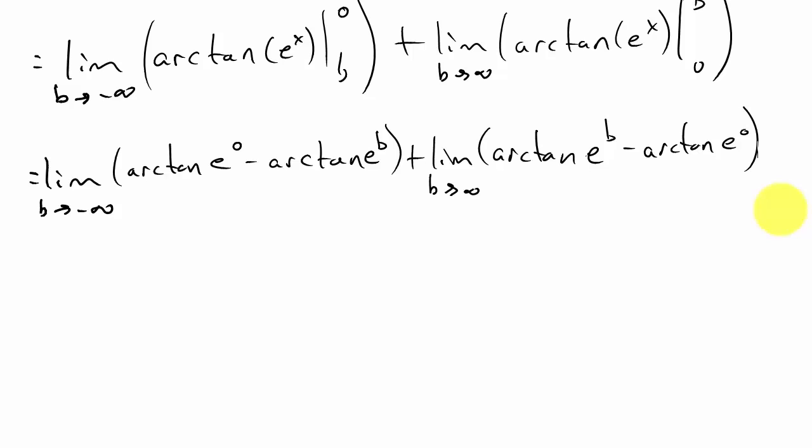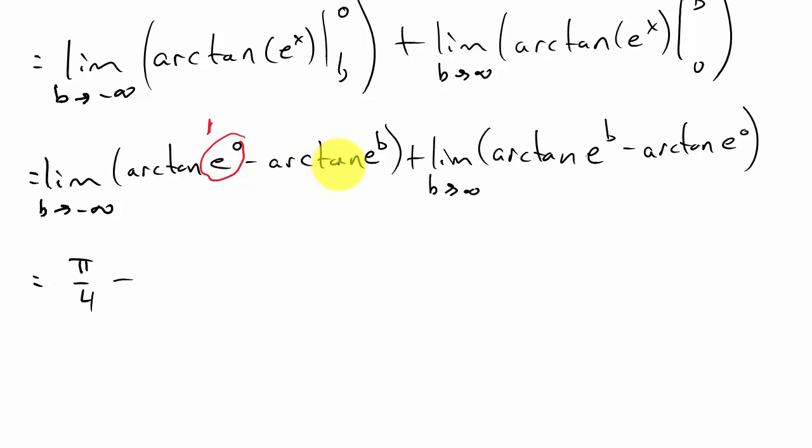Now we take the limit of each of these. This e to the 0 is just 1. So what's the arctan of 1? That's pi over 4.